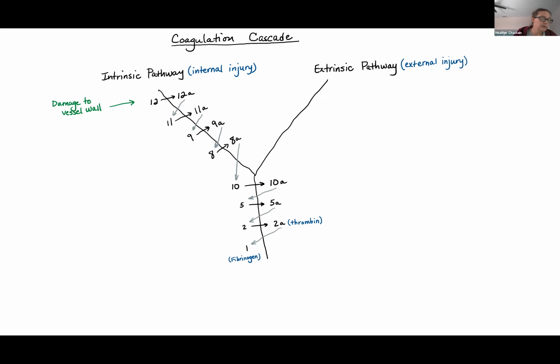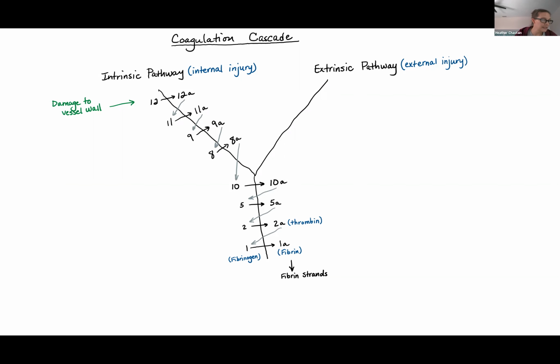Okay, now we're starting to get into the clotting process. Okay, fibrinogen, when it gets activated, becomes 1A, which is fibrin. Okay, fibrin turns into fibrin strands.